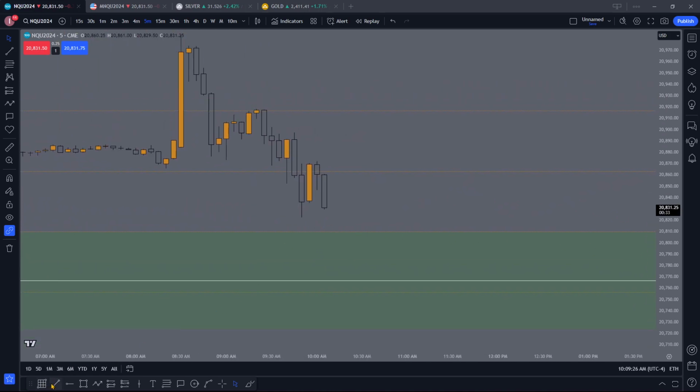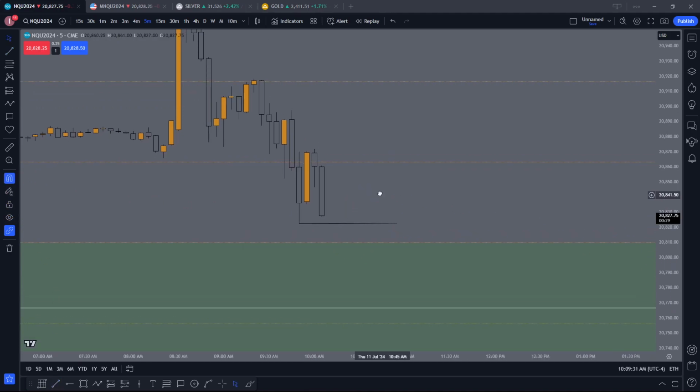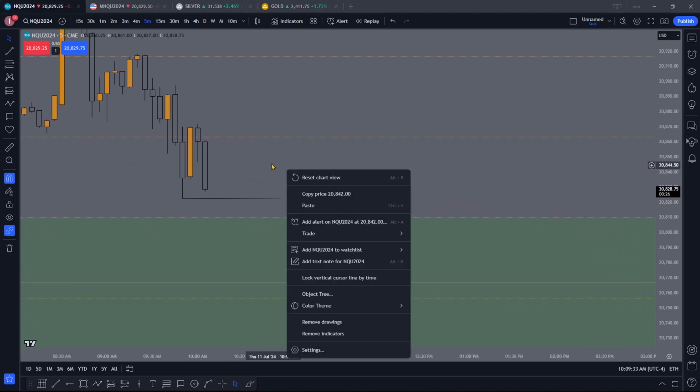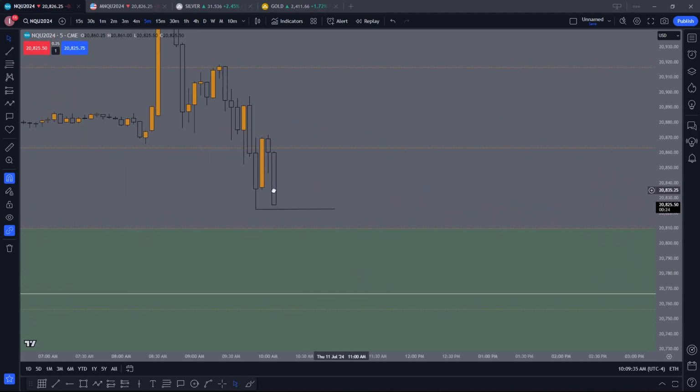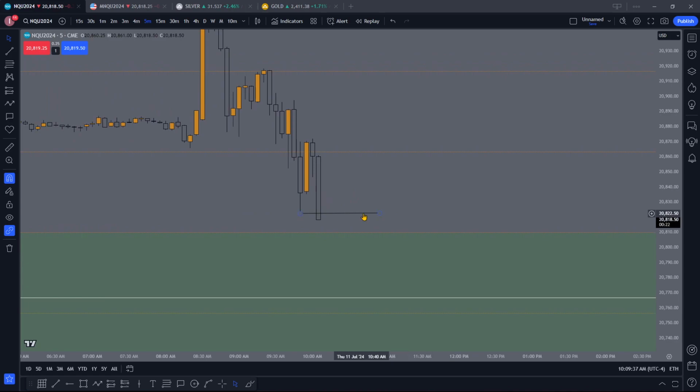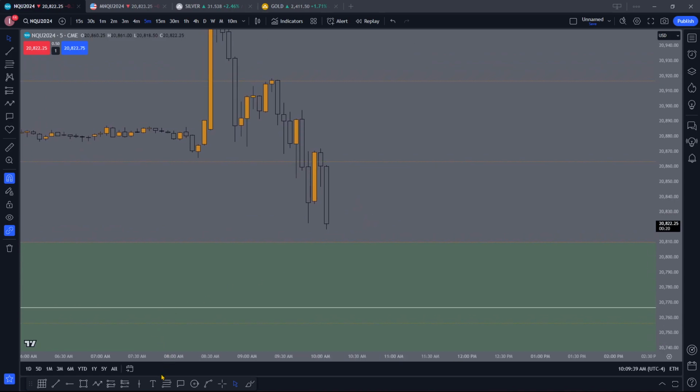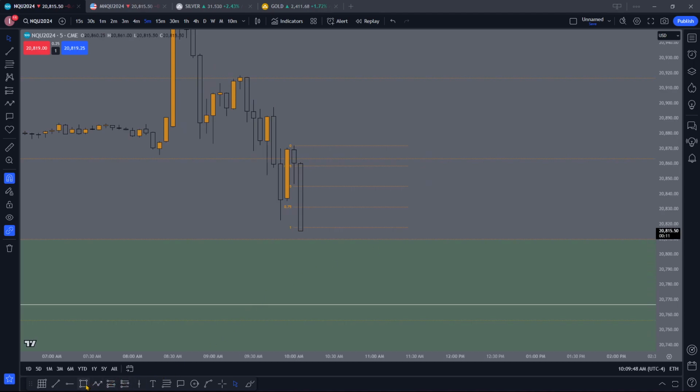Once we take this low here, that will be our new mitigation range. There you go. So that low right there taken, this can be formed as our new mitigation range.